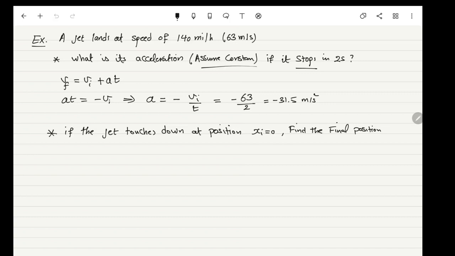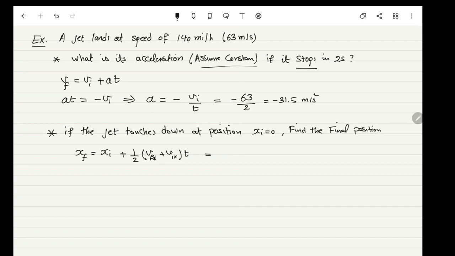To find the final position, x final equals x initial plus half times (v final plus v initial) times t.